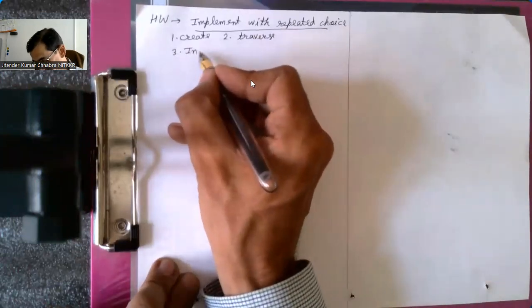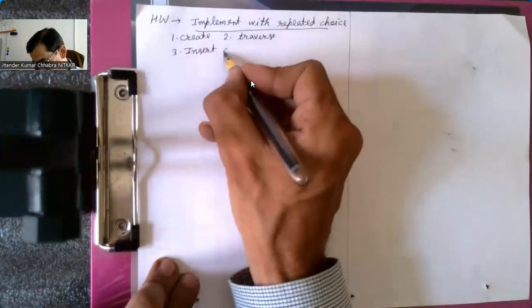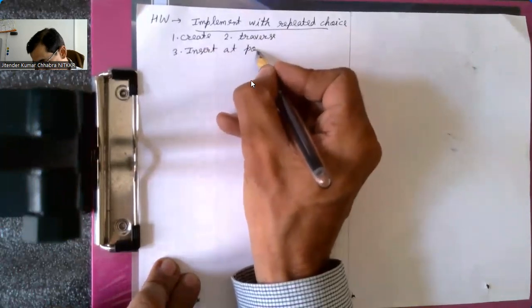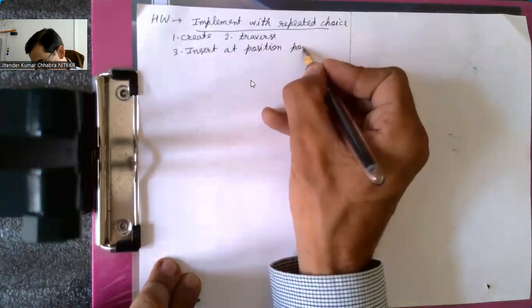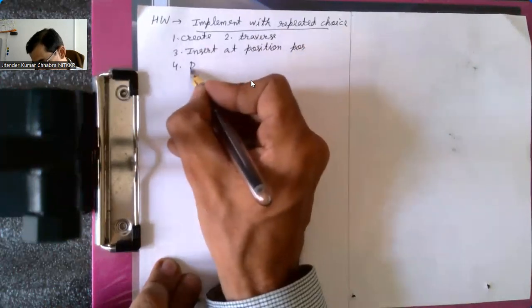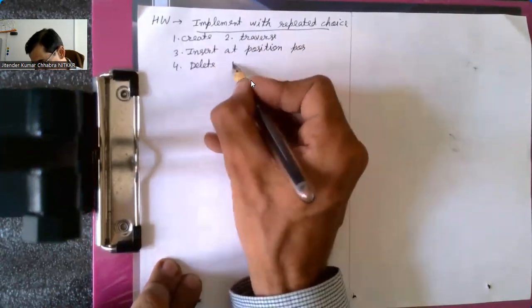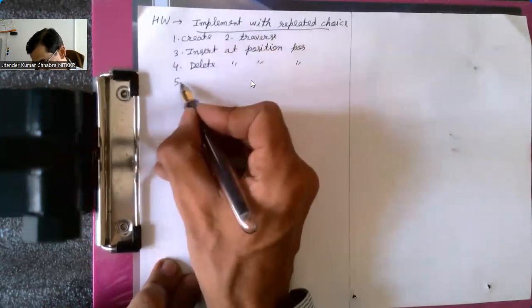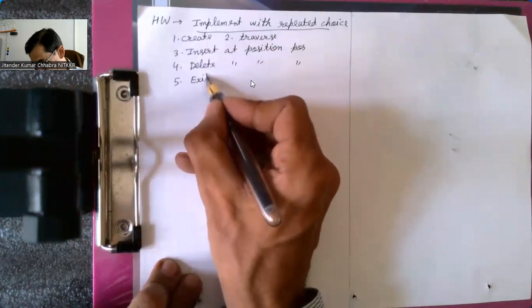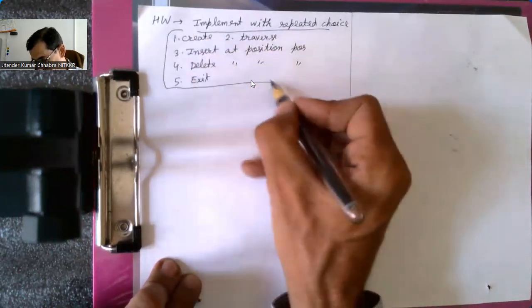Or in general, I say insert at position. Delete at position. And this should repeat so that you can test your code for all possible permutations.